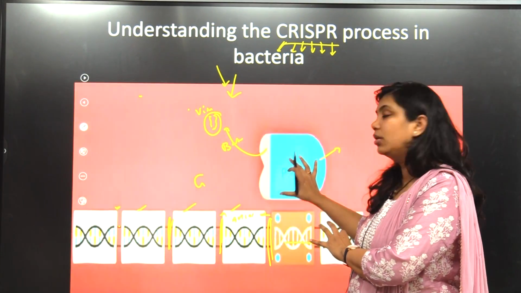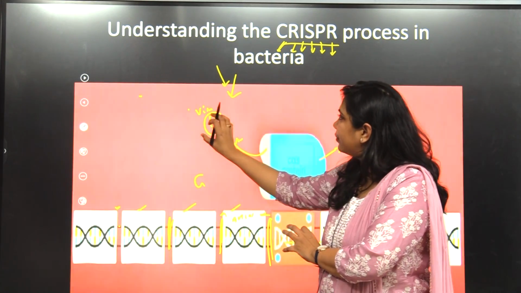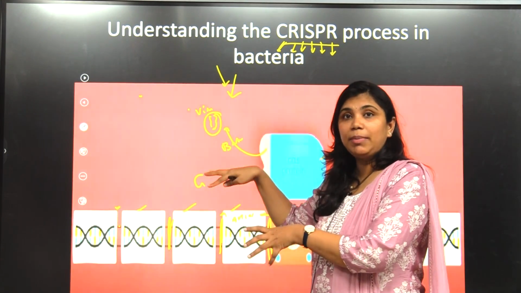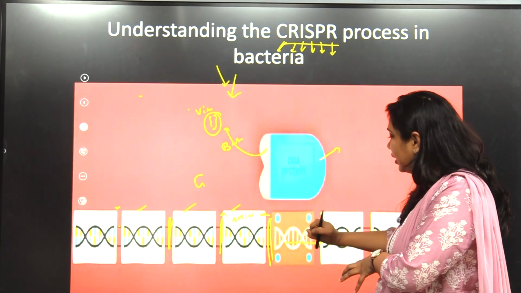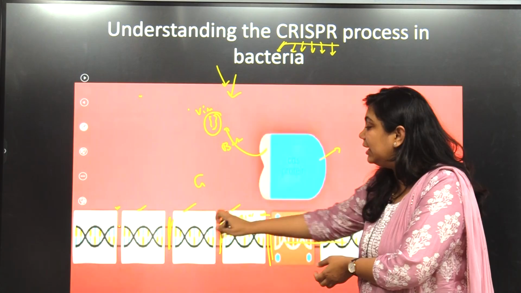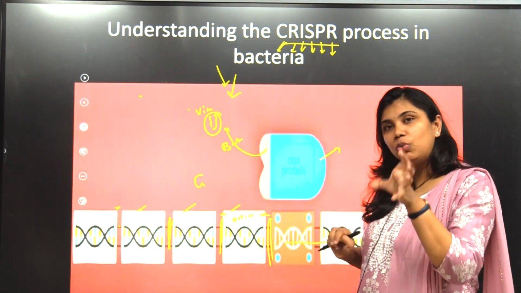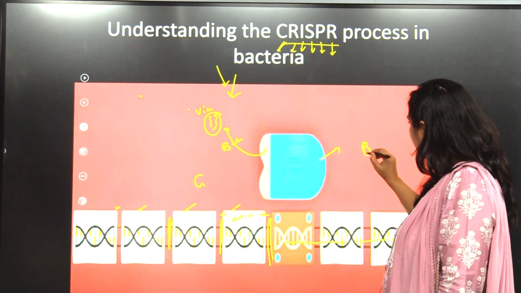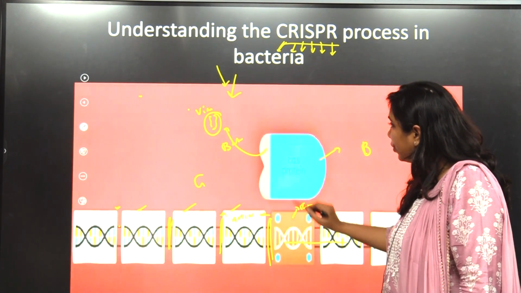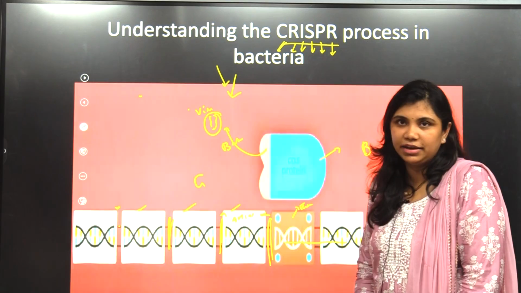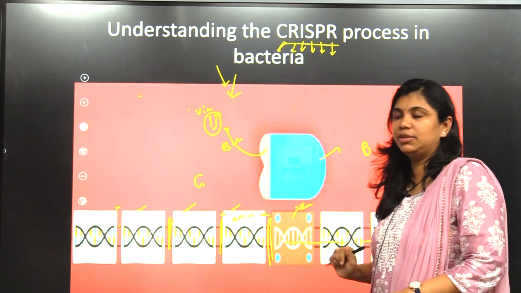This Cas protein will take the material from the virus that will affect the bacteria. It will take the material from the virus and insert that into the DNA material of the bacteria. So what does it mean? Now this bacteria has a component of the virus which was done by this Cas protein.